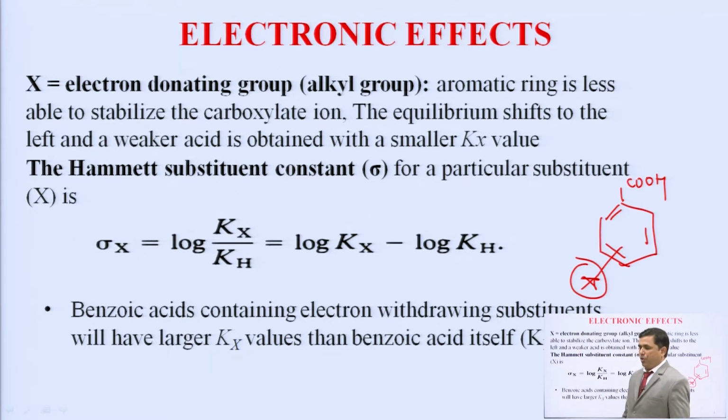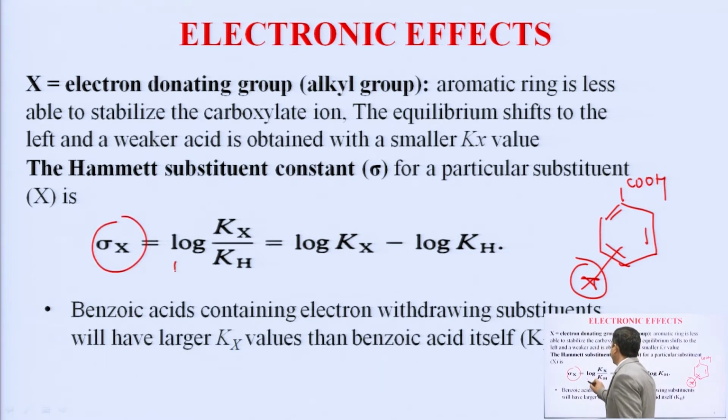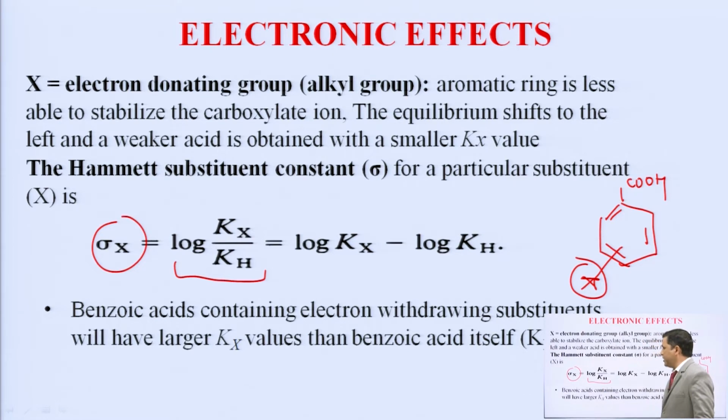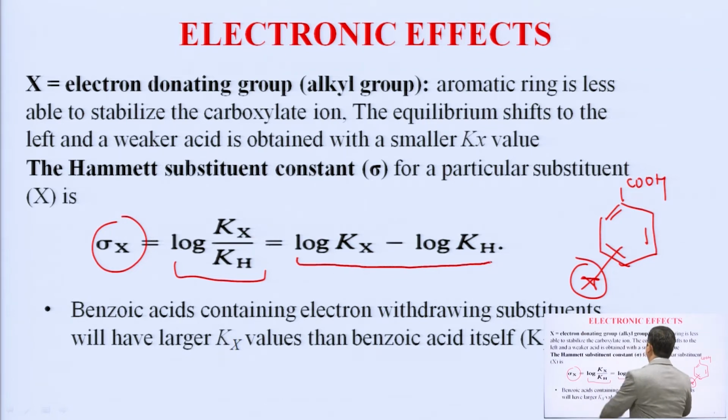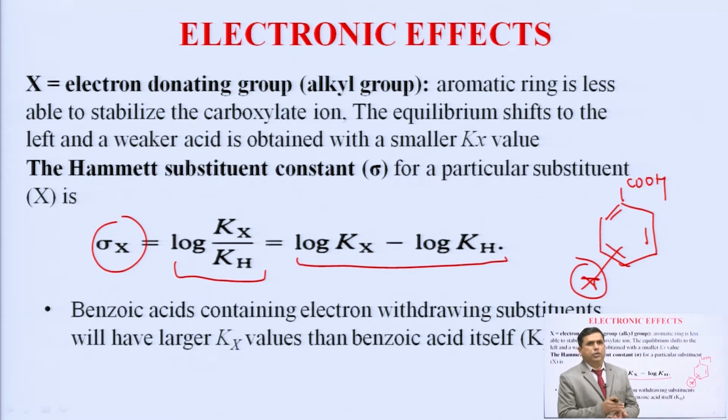So, here we have the sigma X value, which is calculated as log KX upon KH, the dissociation constants of the substituted and the unsubstituted acid, and by simplifying, log KX upon KH equals log KX minus log KH. So, the equilibrium will shift to the left and a weaker acid is obtained with a smaller KX value.